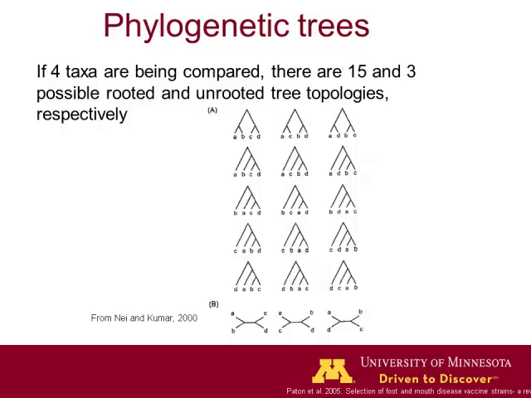So maybe there was an origin of a virus, and then it bifurcated in farms A and B, and then from there separately to farms C and D. Or it may be that it started here and then bifurcated in farms A and C, and then B and D, and so on and so forth. For 4 viruses, there are 15 topologies in which this virus may have spread in the population. Okay? And only one of those is true. That's the problem that we have.